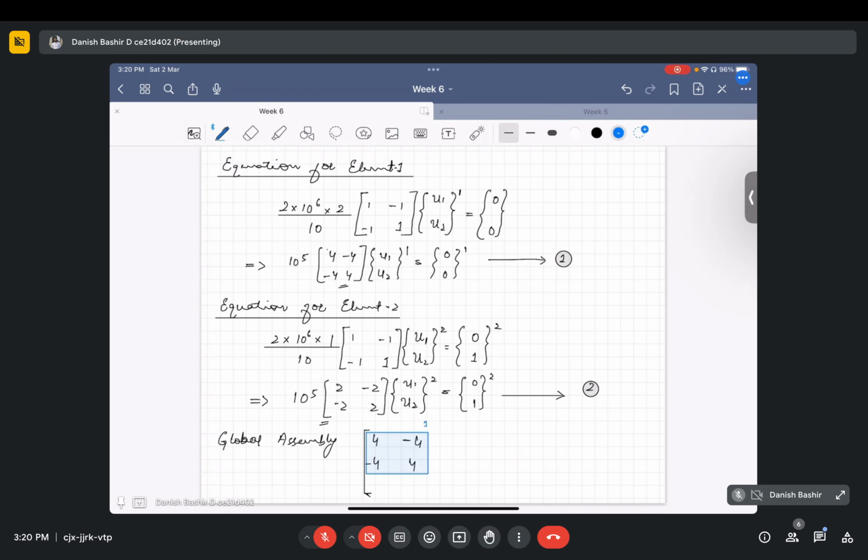For the second, you take this matrix and add it to the last entry. I will show how to write it. We can write plus 2 minus 2, minus 2 2, and this is for the second element.